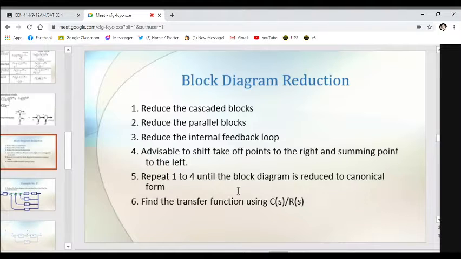So, pang-apat, advisable to shift take-off points to the right and summing point to the left. So, yan yung advice ng block diagram reduction. No? So, mas maganda kung yung take-off point mo palaging nasa right, tapos yung summing point mo palaging nasa left. Okay? Repeat 1 to 4 until block diagram is reduced to the standard form and determine C over R.